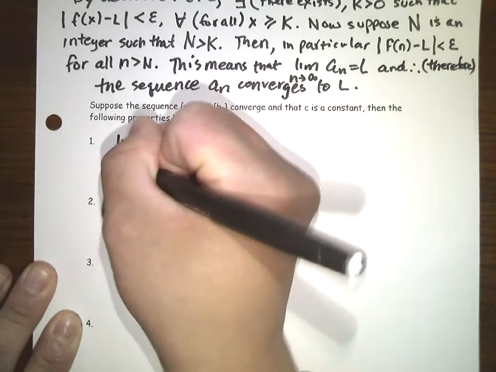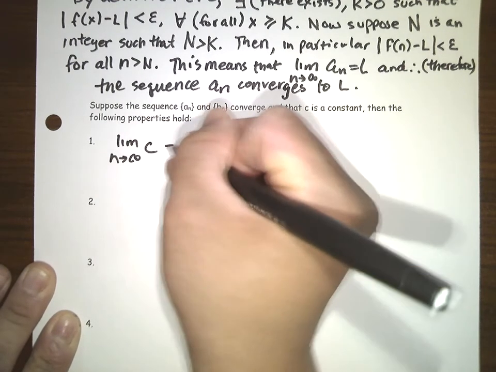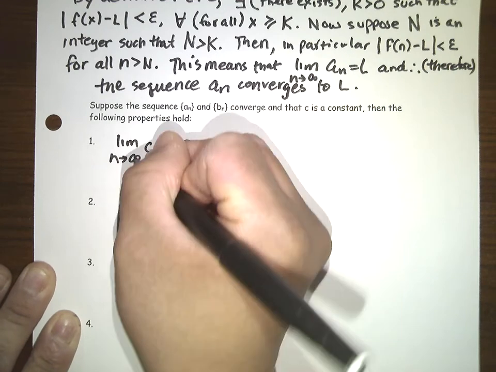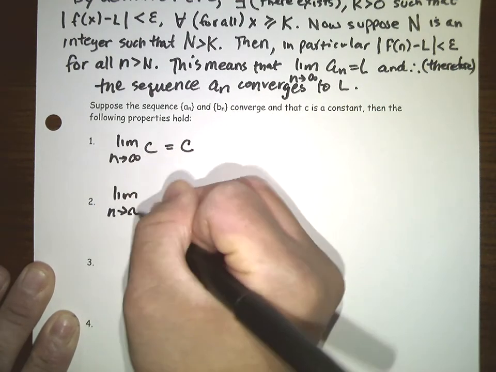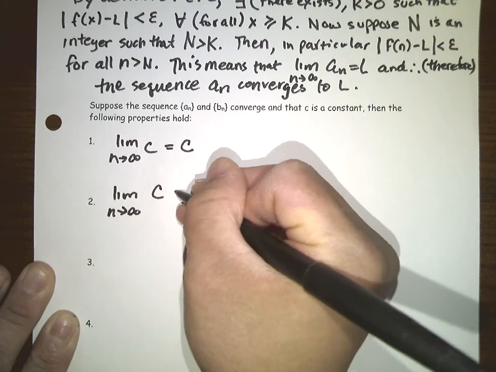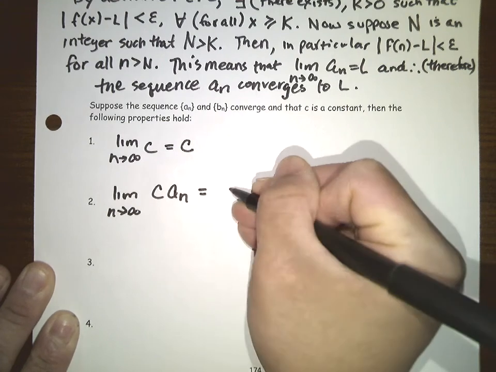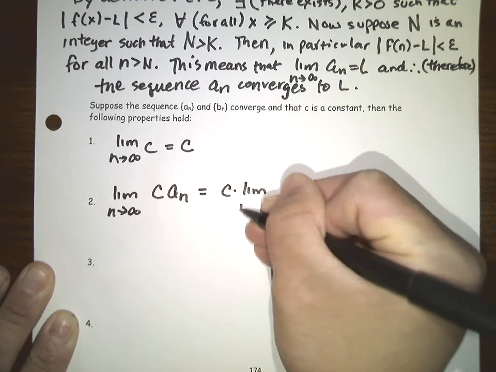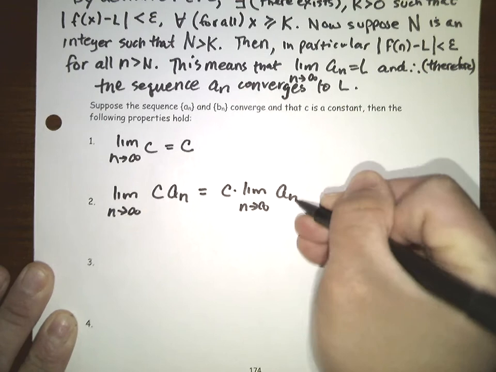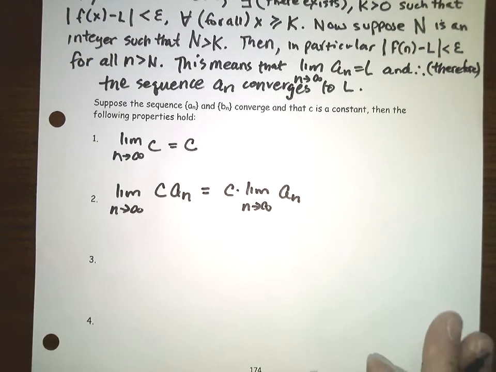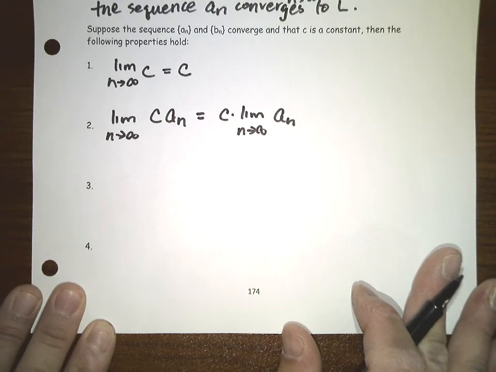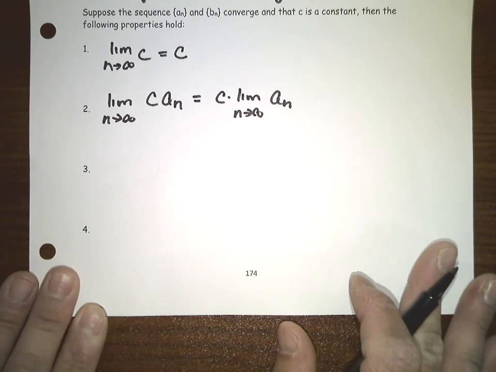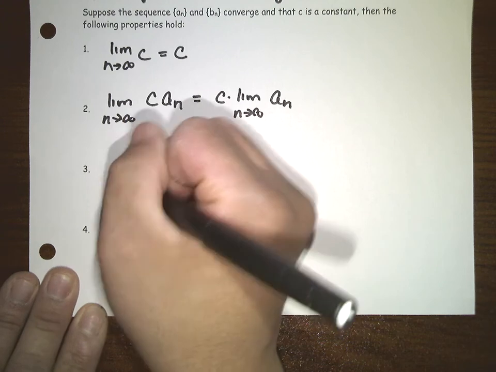The limit as n goes to infinity of c is equal to c, and the limit as n goes to infinity of c a n is c times the limit as n goes to infinity of a n. So what I'm saying is that most of these properties of limits that you know of for functions are going to hold for sequences as well here.